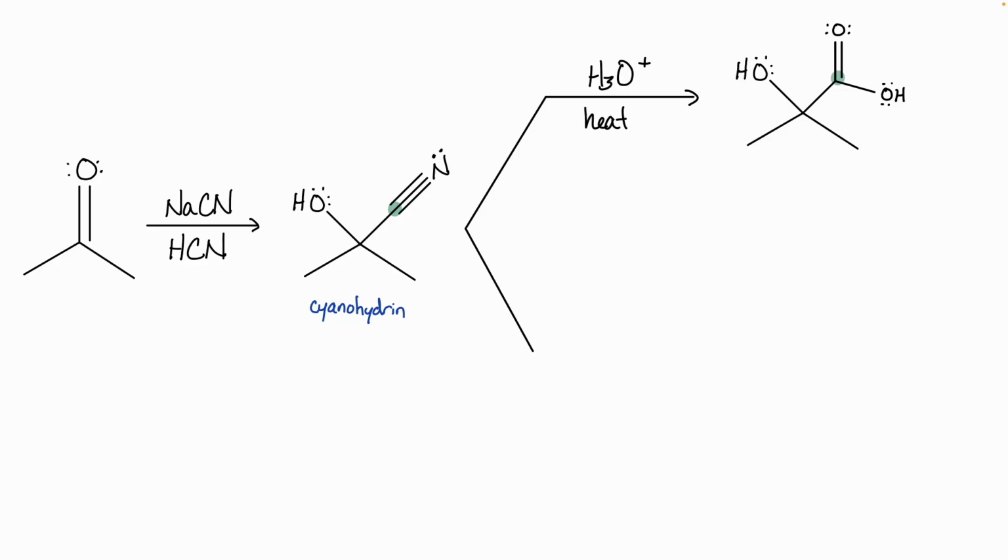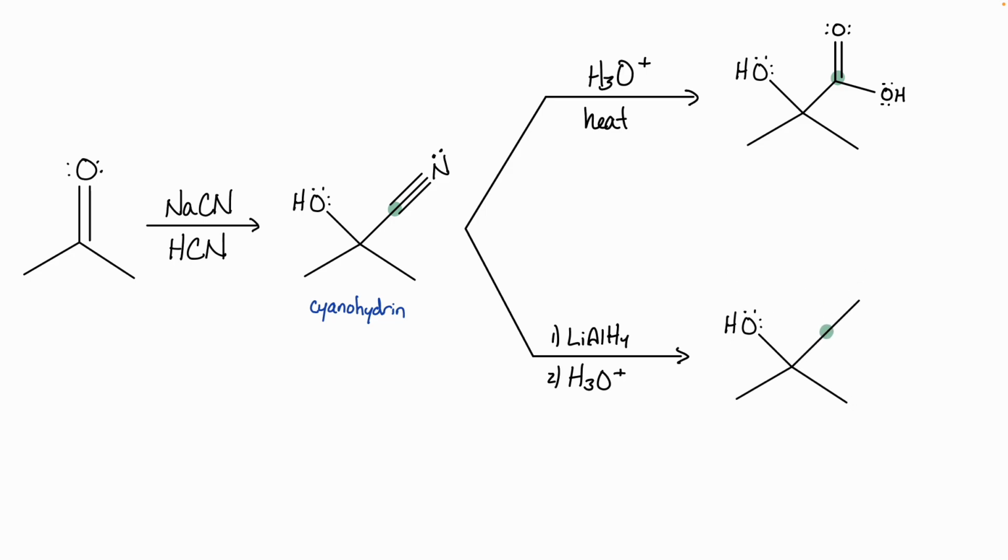All right, and the last one in our other category here is if we, instead of oxidizing that carbon, reduce it with lithium aluminum hydride and acidic workup. That will reduce that cyano group.